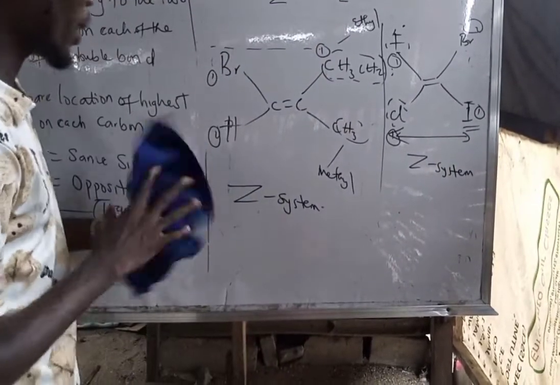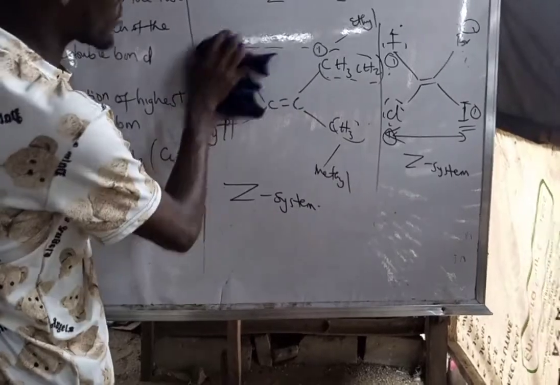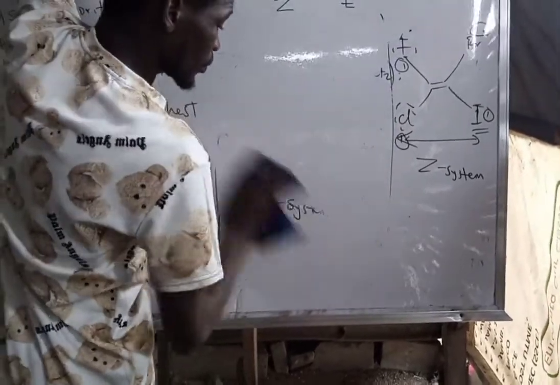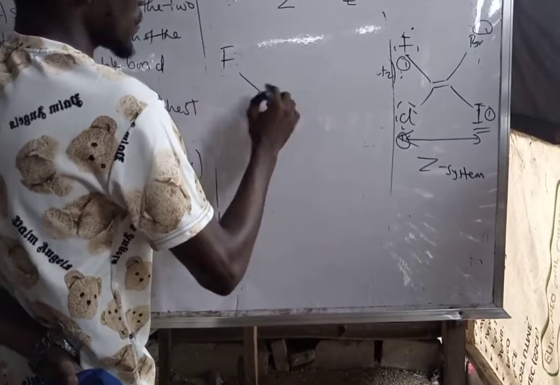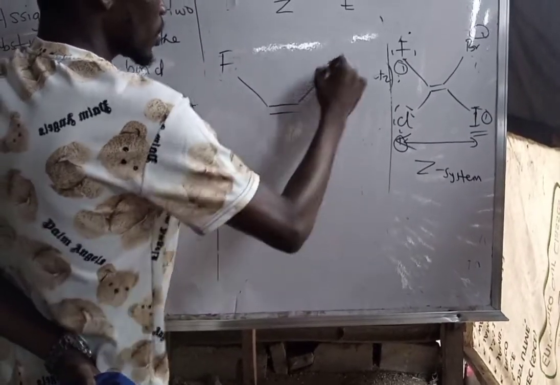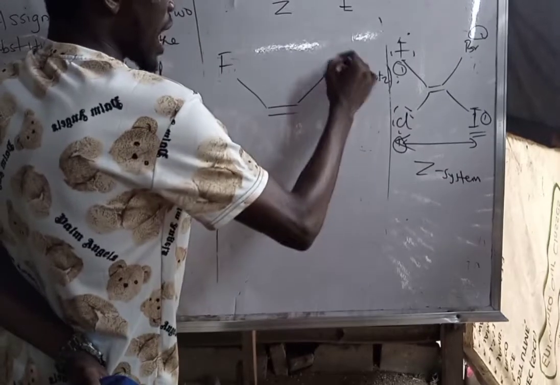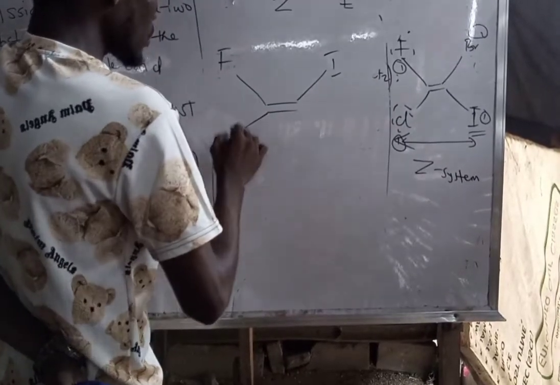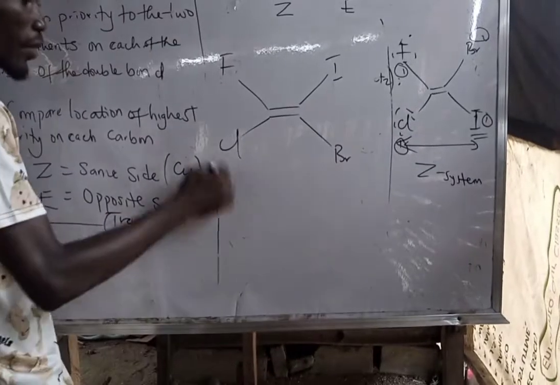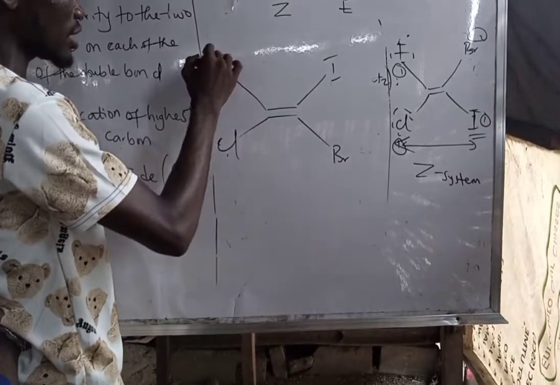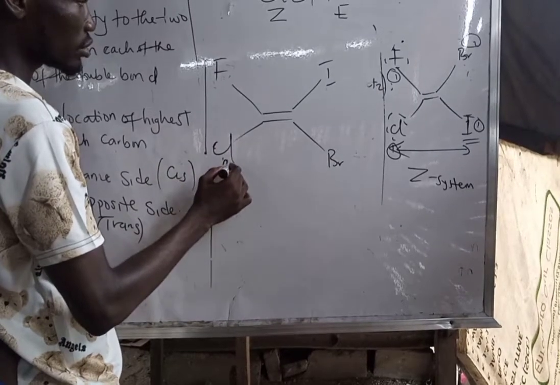So if we have another example now, we have this. The same thing you have there, that your fluorine is in this form. Then I have my iodine here, I have my chlorine here, and I have my bromine here. Don't forget that this has a higher atomic number than this, so I will name this one 1.